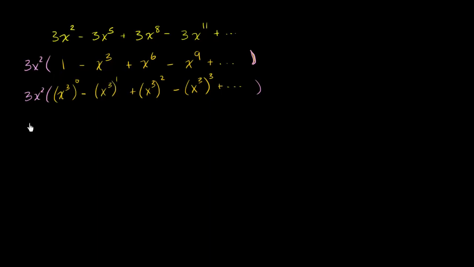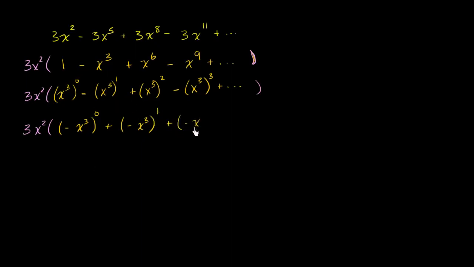So let's actually write it this way. We can write it as 3x squared times this first term, negative x to the third to the 0th power. And then plus negative x to the third to the first power. -1 to the first power is -1, and x to the third to the first power is x to the third.